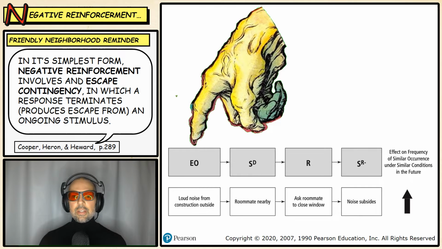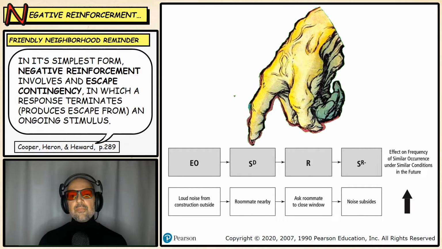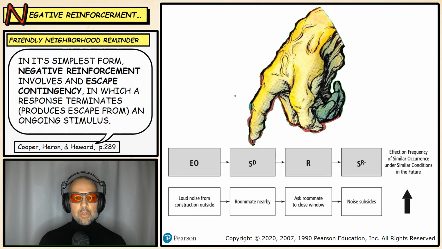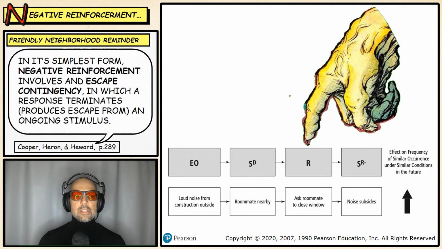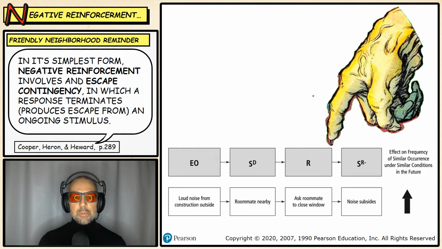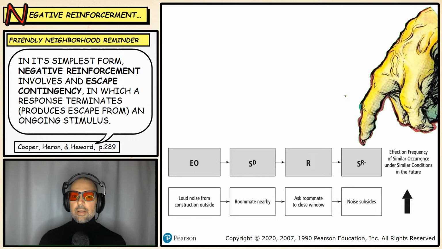And then you see the discriminative stimulus, the stimulus that indicates that a response is likely to be reinforced. You then produce the response. The response is followed by reinforcement, where that reinforcement is escape from the establishing operation, and that is the 4-term escape contingency for negative reinforcement.